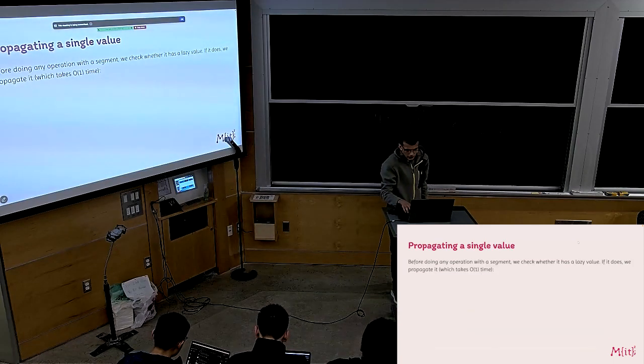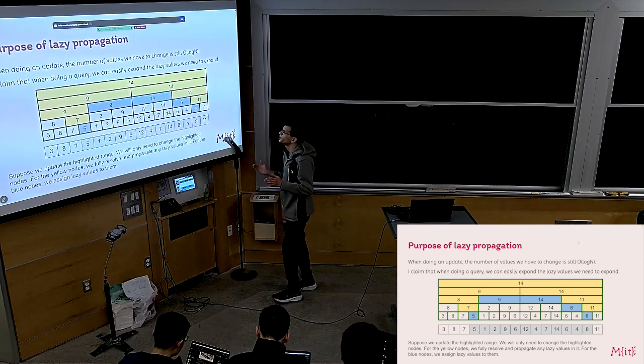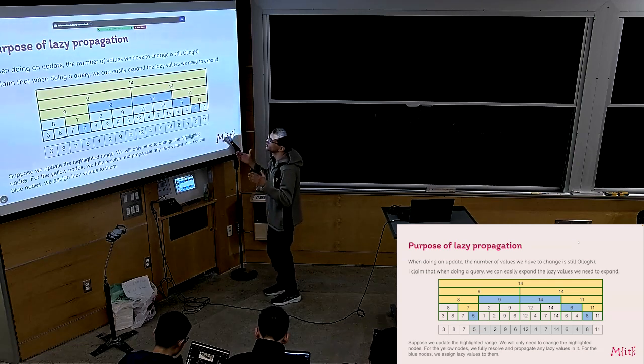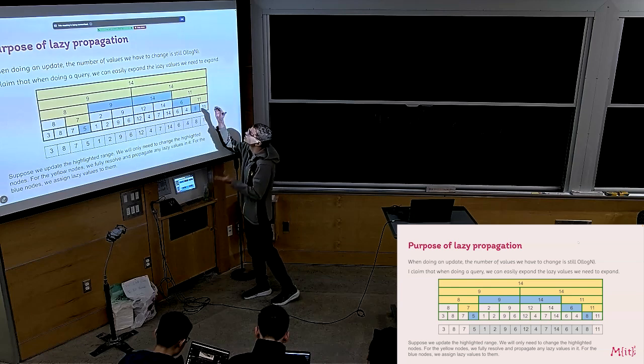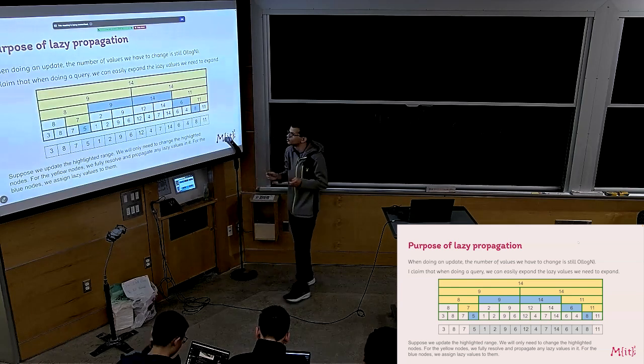The idea is that these lazy values are okay because, with our recursive query implementation, it is possible to expand or propagate the lazy values when we actually need them to do a query.